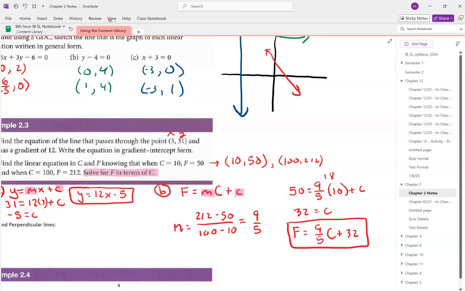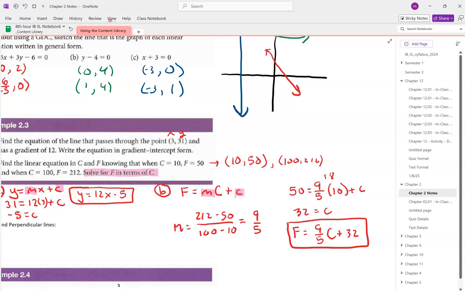Who recognizes that formula? What is it? It's the conversion from Celsius to Fahrenheit. How did I know that was going to be what I was looking for from the numbers in the problem? 100 degrees Celsius and 212 degrees Fahrenheit are both the boiling point of water.